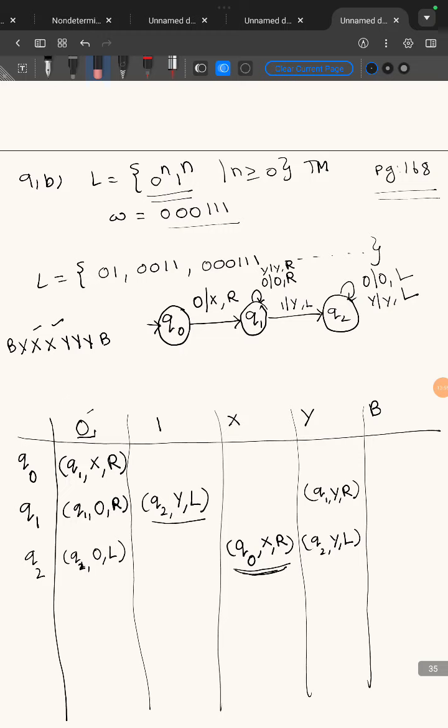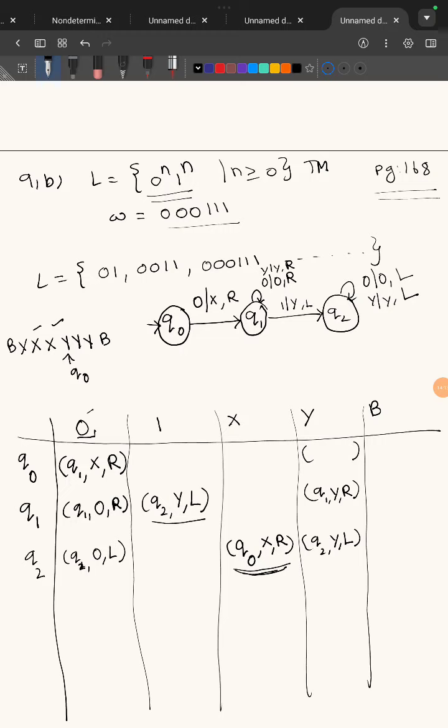So we will come to Y over here. Now the state is Q0, the symbol is Y. We have not written any transition for that. So what we will do now? We have to move the Q0 to another state.